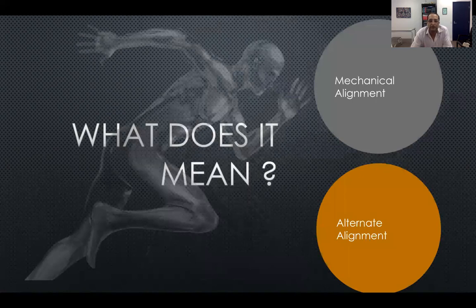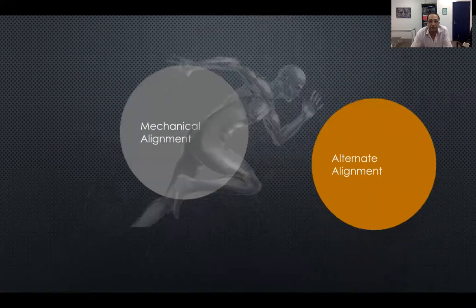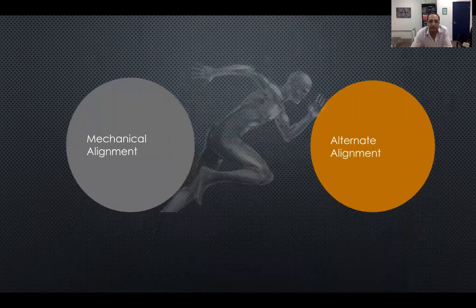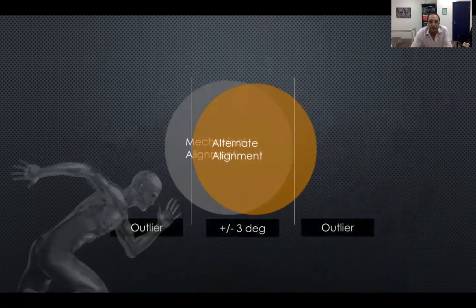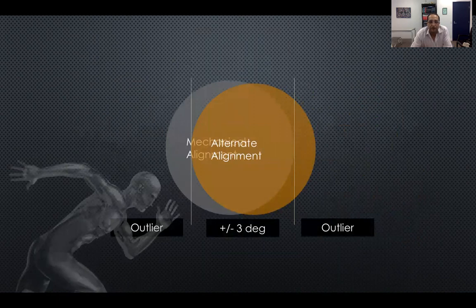If you look at the current surgical techniques that we have, the mechanical and alternate alignment techniques, and you take an overlapping graph or chart over them, we know that when we do the surgery, 70% of people are within ±3 degrees. So there'll be a significant overlap between the mechanically aligned post-surgical patients and the alternate or functionally aligned post-surgical patients. But in both groups, there'll be that small percent of patients that are outliers.